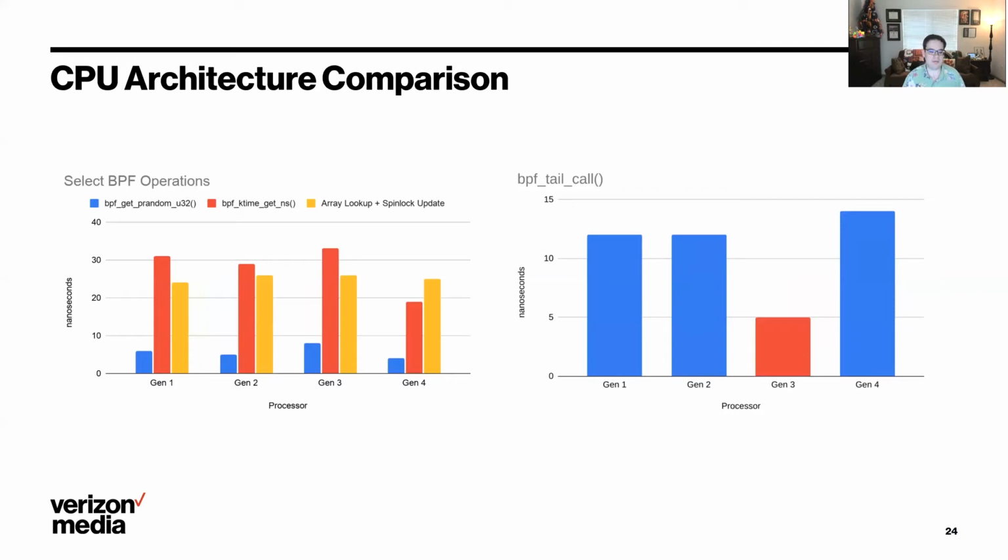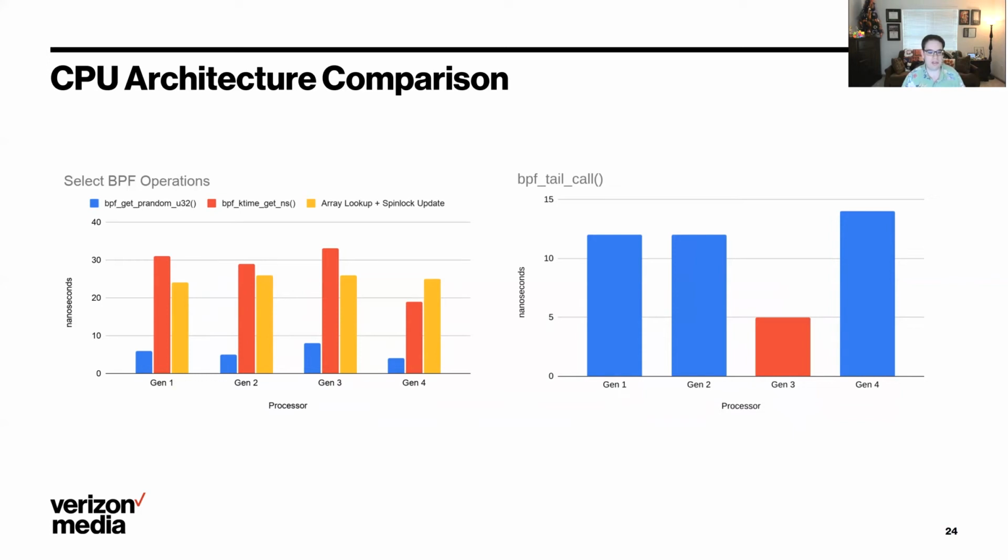I talked about some of the data structures, but I also thought it was good to look at some comparisons of CPU architectures. Here I have several using helpers such as getting a random value or looking up the time, and you can see in general that things are constant, or relatively constant, across our generations.